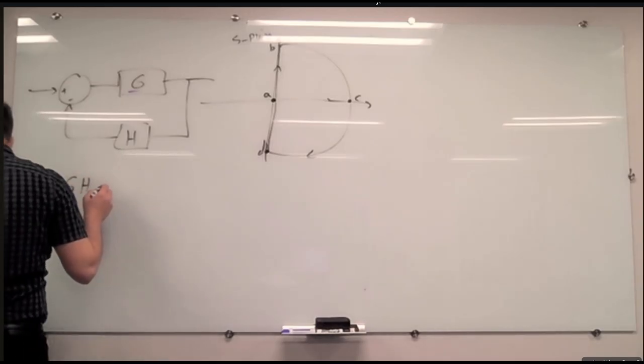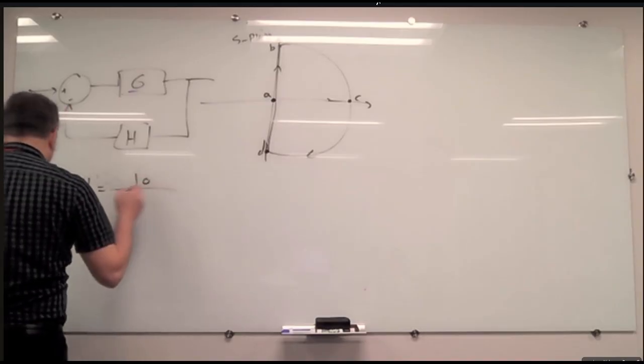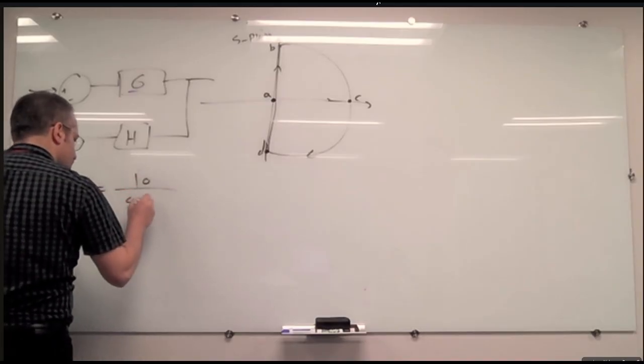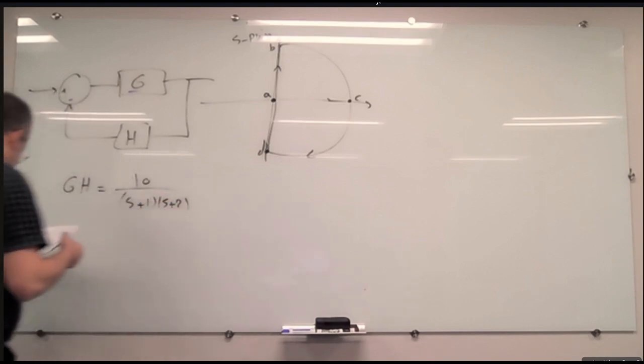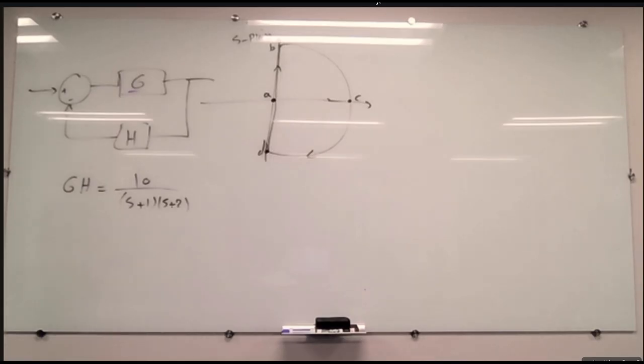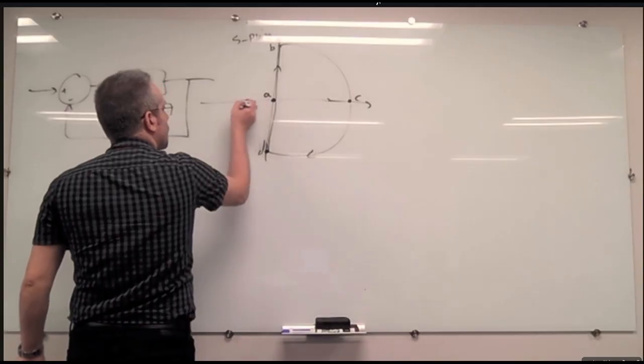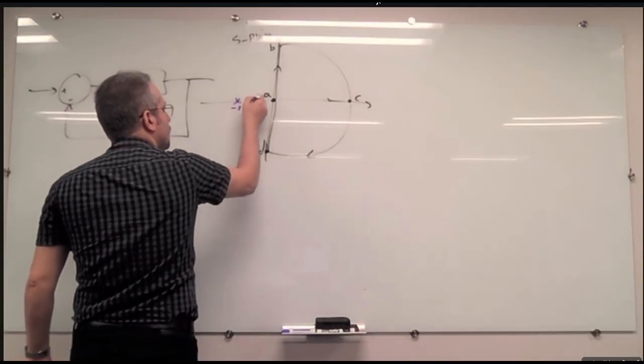Now in this example, GH is going to be 10 over (S plus 1) times (S plus 2). Now, look at the open loop function. The poles of our function are -1 and -2.